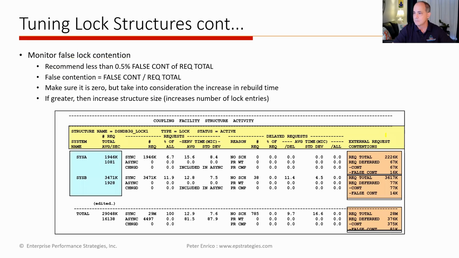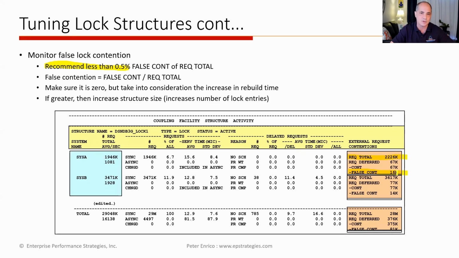The next thing we want to understand is the false contention. We recommend less than half of 1%, less than 0.5% of requests result in false contention. So again, if you look at the numbers here, we have the total number of requests made, and then here we have our false contention number.